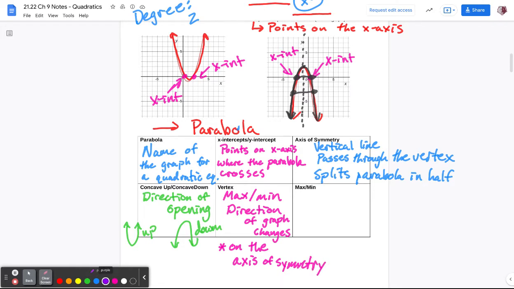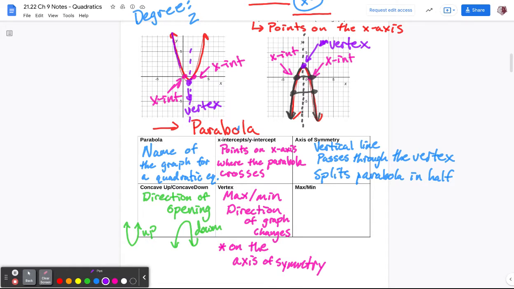So I'll label this in the graph up above. This point here at the bottom would be our vertex. The point here at the top in the middle on the axis of symmetry would also be the vertex. So it's the point on the axis of symmetry where the parabola changes directions.